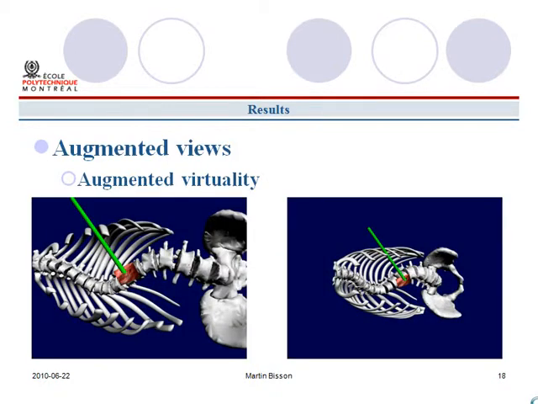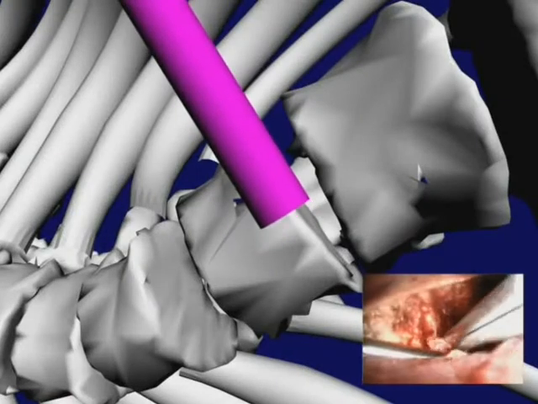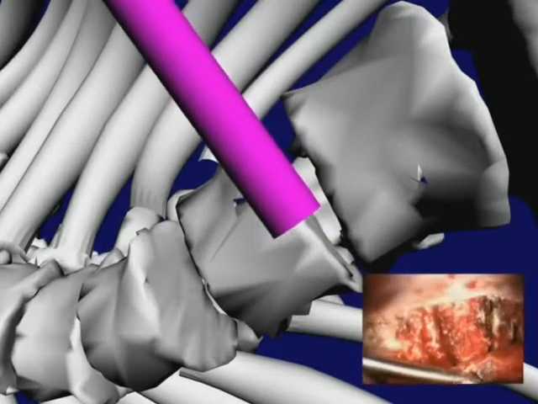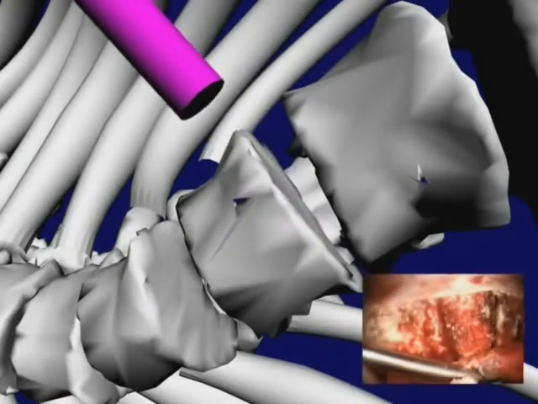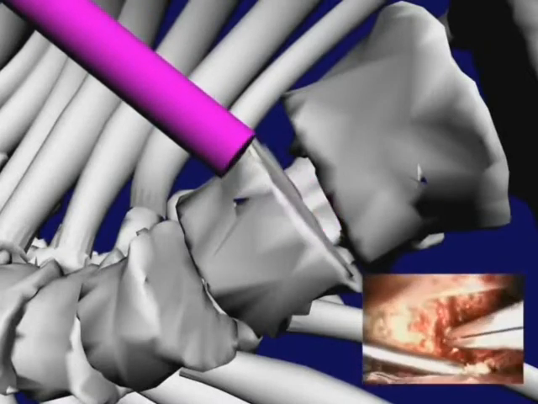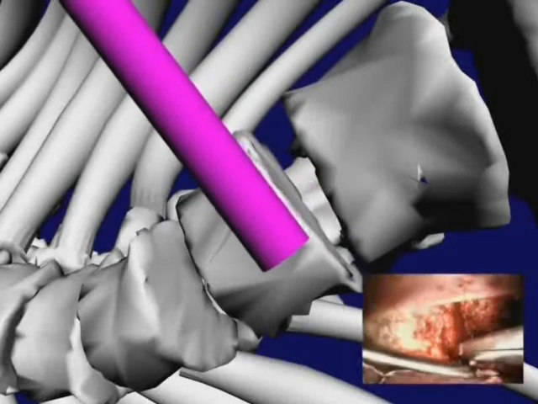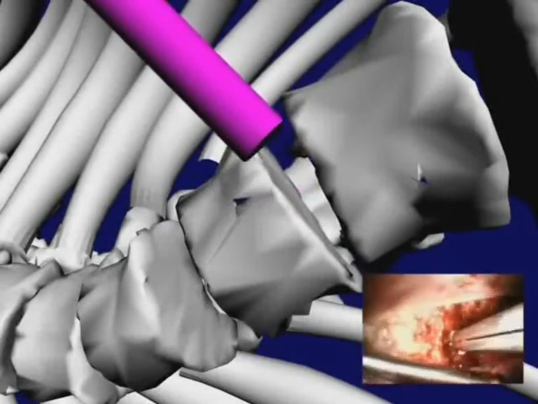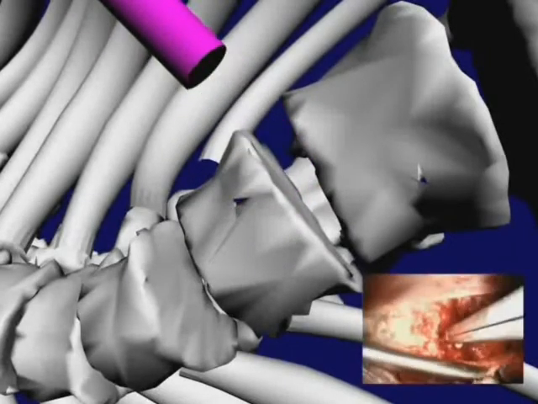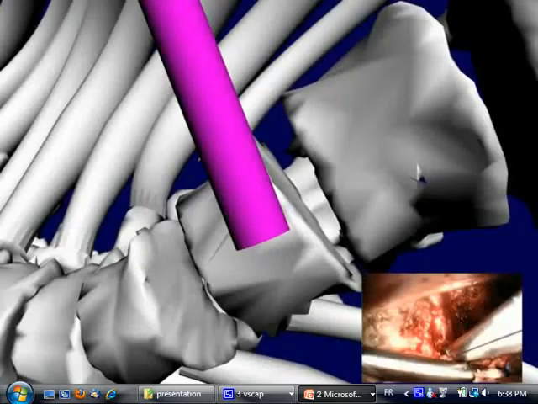But we also created augmented virtuality views, in which virtual scenes are augmented by adding the endoscopic image at the right place. This allows us to generate views from a different virtual point of view, so that the surgeon can observe the surgical site from a different point of view, not accessible by the endoscopic camera.